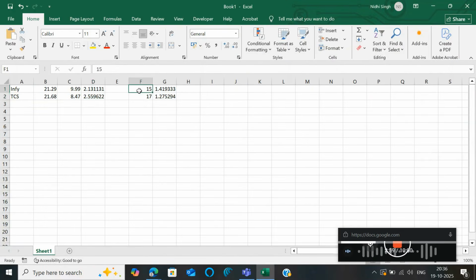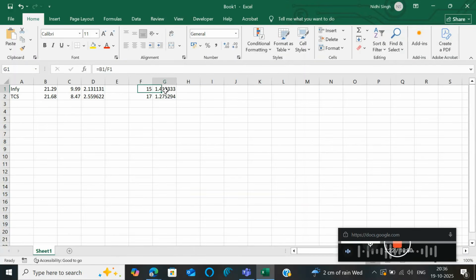Now imagine a situation where I am factoring in that next year my growth rate could be 15% for Infosys and 17% for TCS. Because I'm making an assumption that the future earnings growth would be like that, the same trailing PEG ratio now becomes a forward PEG ratio.